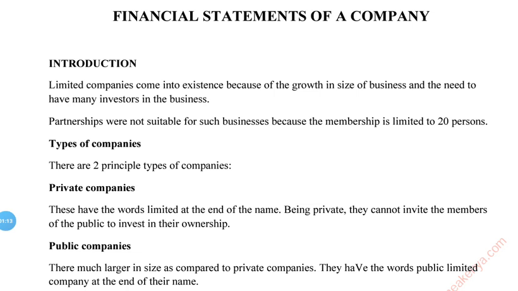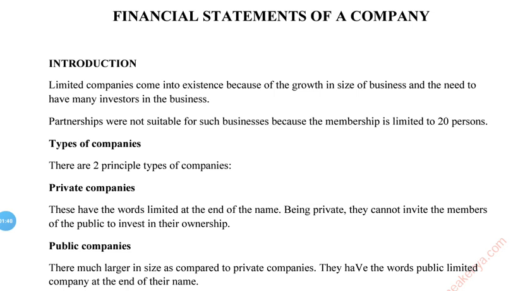So we have two types of companies. The first type is the private company, and these have the word limited at the end of the name. Being private, they cannot invite members of the public to invest in their ownership.